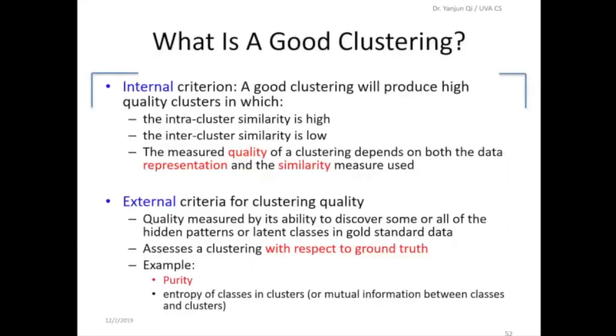All right. So even if you already got a k, you have a good elbow or knee position, you still need to measure how good the final clusters are. It's very similar to what we had before with the final leaf nodes in the decision tree. What makes a good leaf node in a decision tree? As pure as possible. In a clustering case, it's similar. If you know the labels of the clusters, you want to look for clustering results that are as pure as possible.